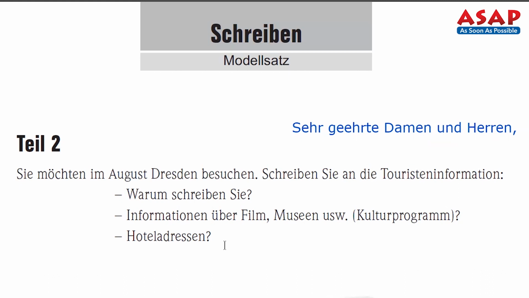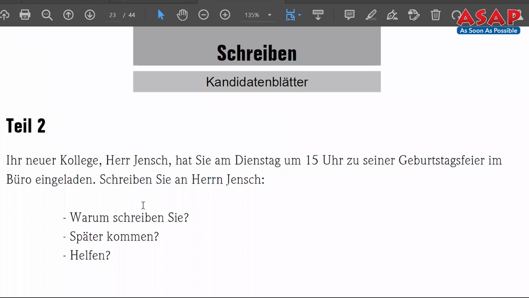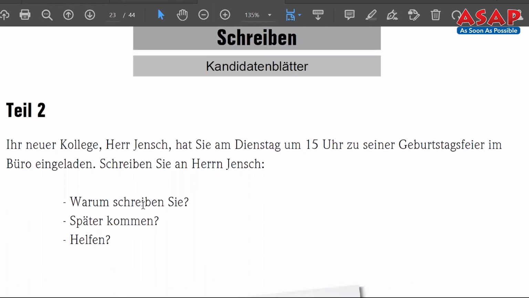You can write and share the answer in the comment box, and then we will go to sample question paper 3. Now here the theme is: Ihr neuer Kollege, Herr Jensch, hat Sie, S is capital, that means you, am Dienstag 15 Uhr zu seiner Geburtstagfeier im Büro eingeladen.